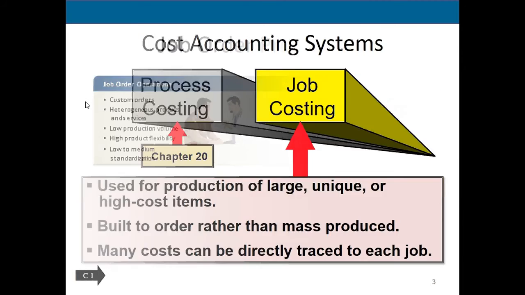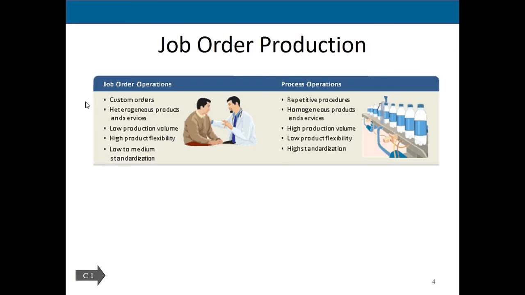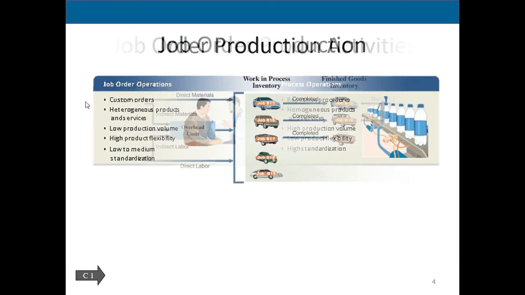Again, there's a difference between the two. For job order operations, it shows you on the left that we're dealing with very customized things, whereas on the right, for process operations, we're dealing with mass-produced items.